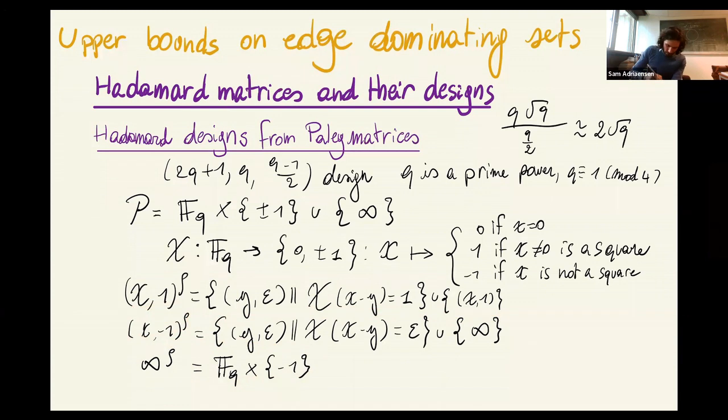And when are two of these points, x minus 1 and y minus 1, not adjacent in your graph? Exactly when chi of x minus y equals plus 1. But then if you go look in your classical Paley graph, this means that the co-cliques in the polarity graph just correspond to the cliques in the Paley graph.